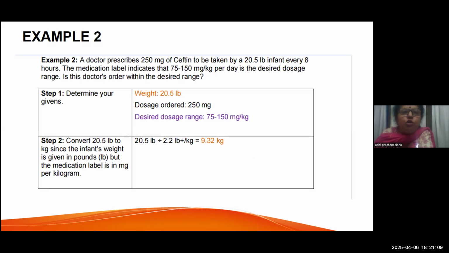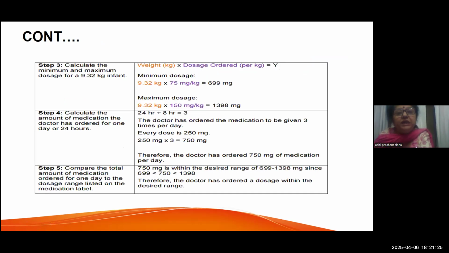what is the trick is given. The medication label indicates 75 to 150 mg per kg per day. So they have given a range of 75 to 150. So minimum is 75 and maximum is 150. You have to calculate both what should be the minimum dose and what should be the maximum dose.